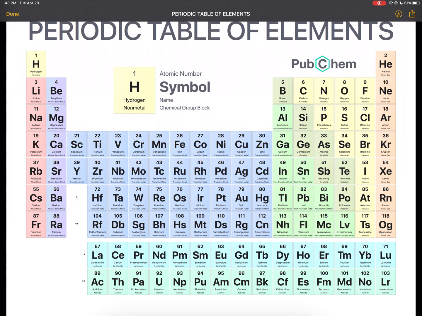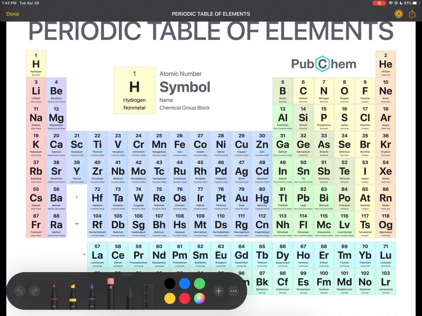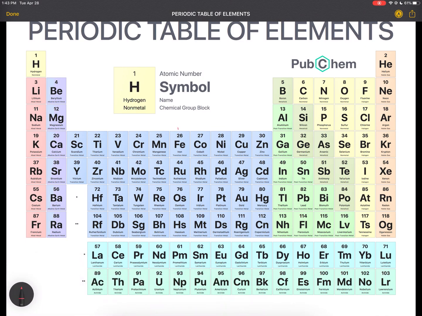I've got to get my pen up. When we look at these transition metals in here, one of the things I mentioned in a previous lesson is that there are a lot of different charges for these things. Well, that's true.